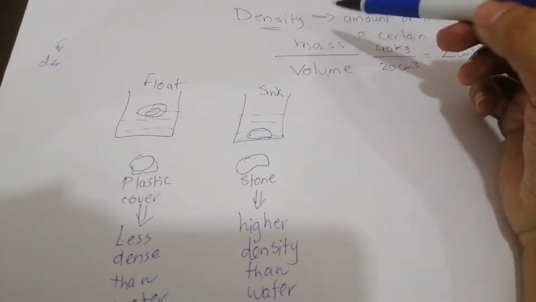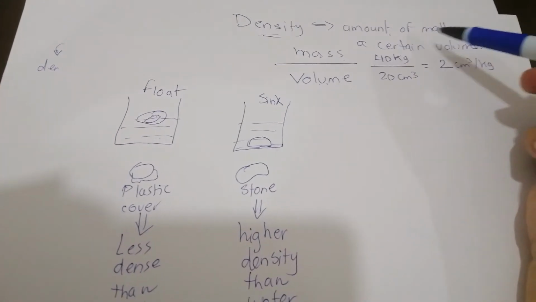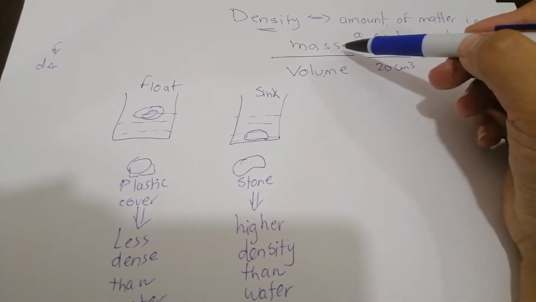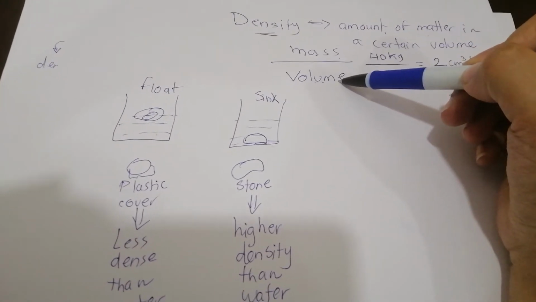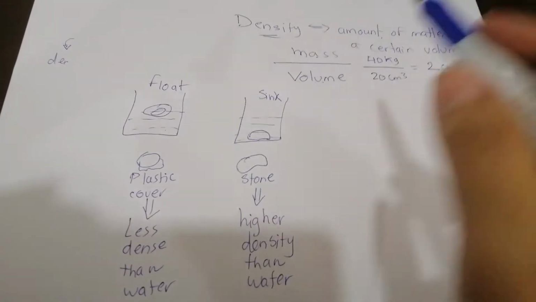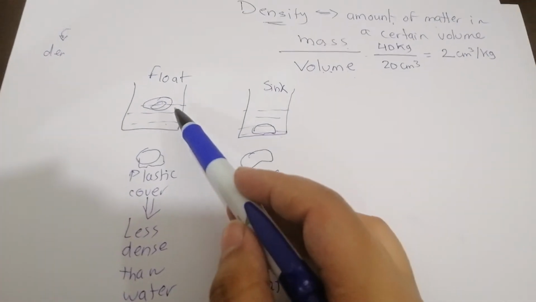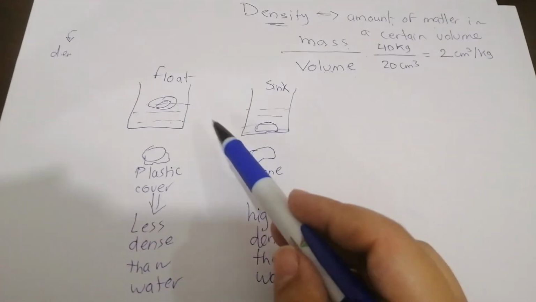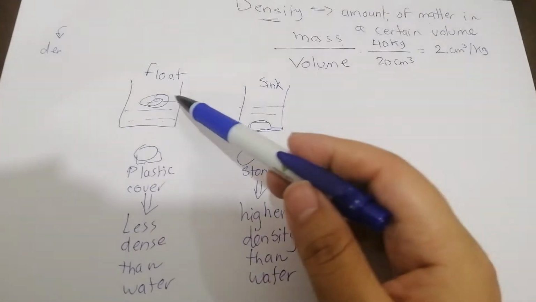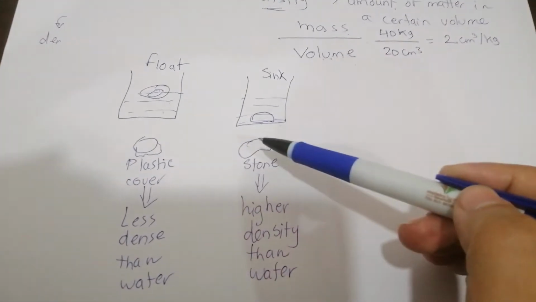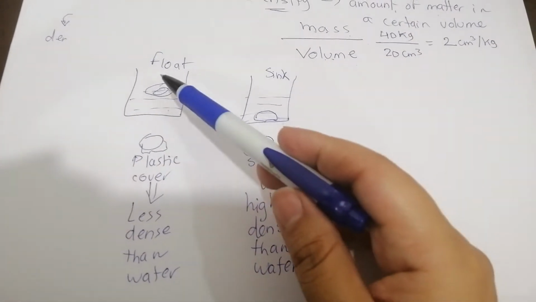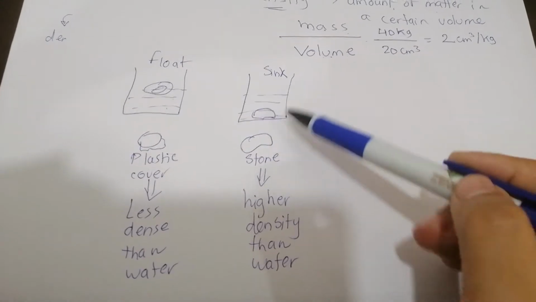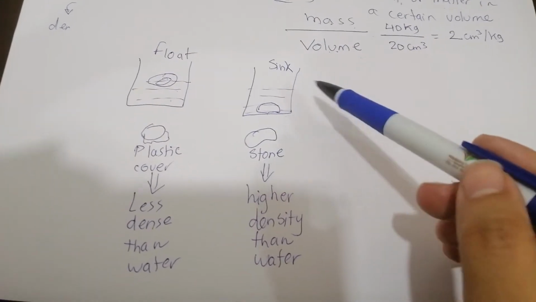Okay, so what is density? It's the amount of matter in a certain volume, or mass divided by volume. It can tell us if something will float or sink in a liquid. If I have a plastic cover and a stone, the plastic cover will float and the stone will sink. Why?